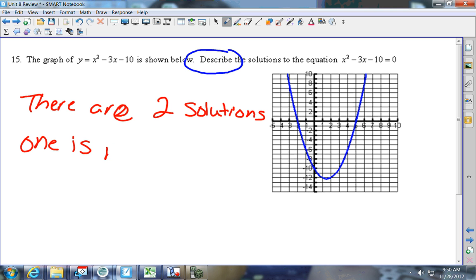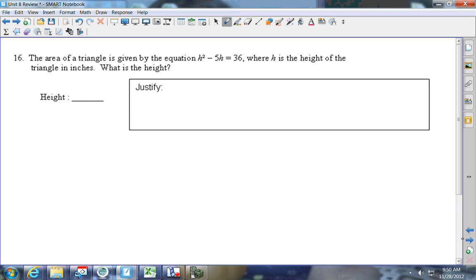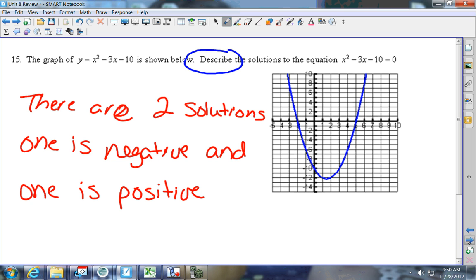One is negative, and one is positive. That's all they want you to do when you're describing it. Just tell me what they are, not the exact numbers. Was that it? 15? Yeah, then 16.